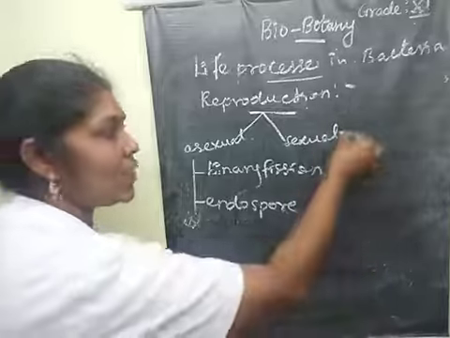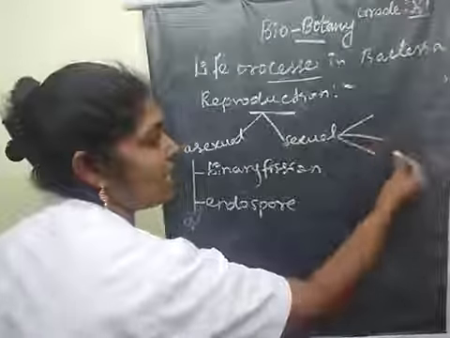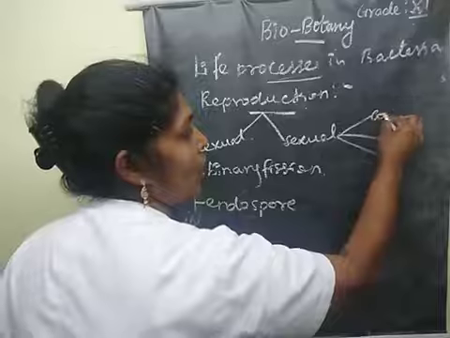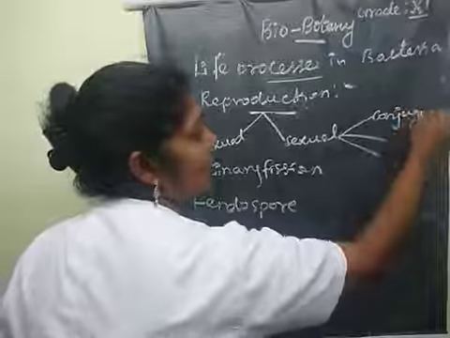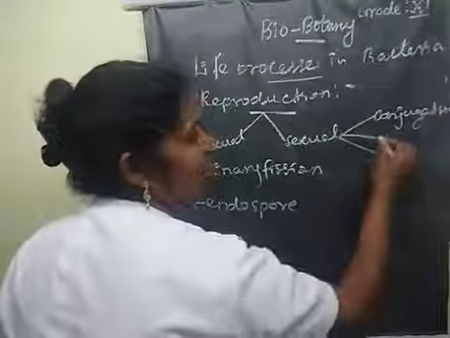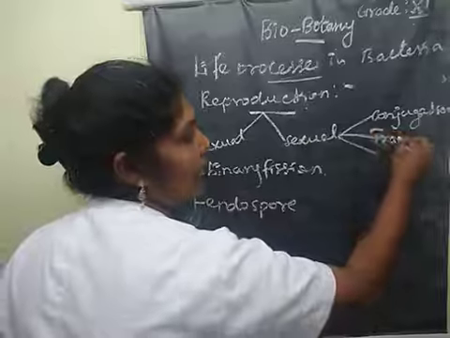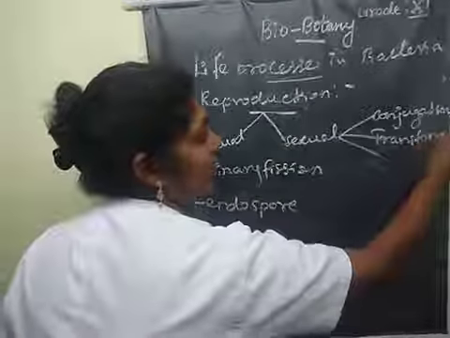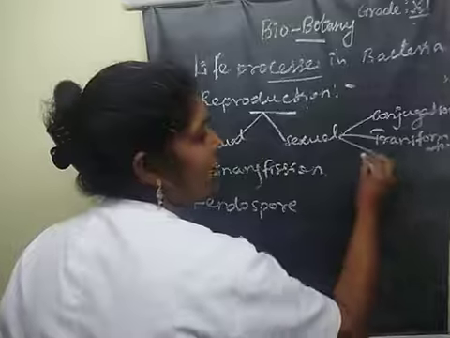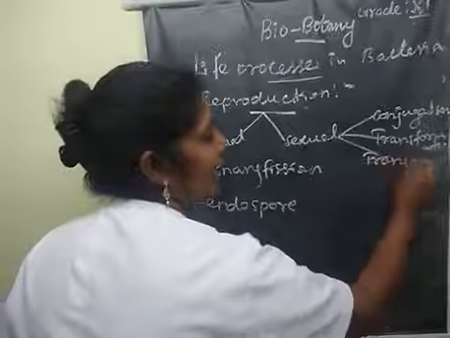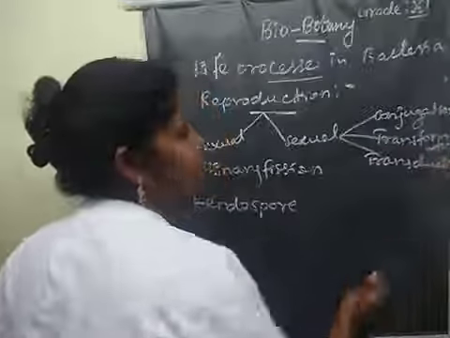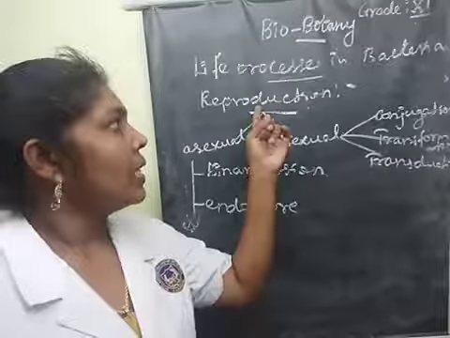Clear? Sexual reproduction comes under 3 types. One is conjugation. Very good. Then the second is transformation and transduction. Clear, children?